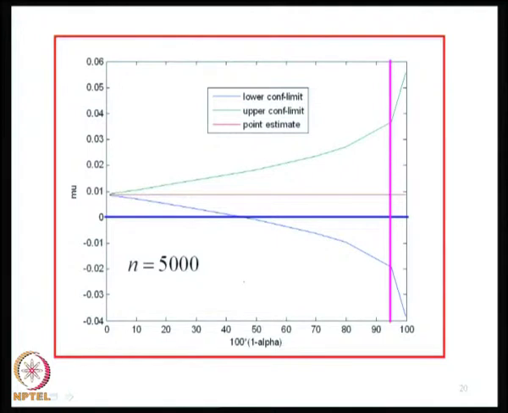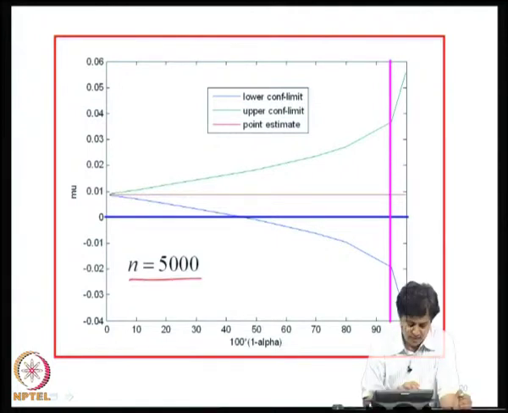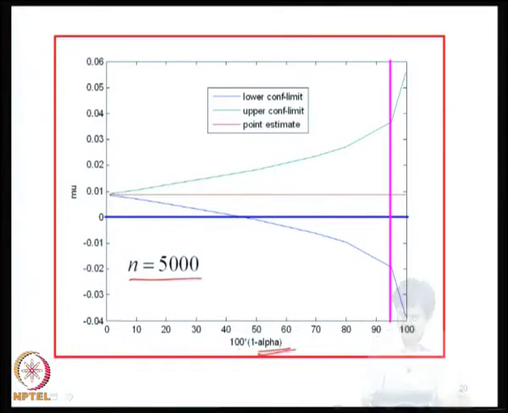In this graph, what I have shown is that I use 5000 numbers and try to find the confidence intervals for different levels of alpha. Okay. So, see, with 100% confidence I can say that the confidence interval is from minus infinity to plus infinity, right.